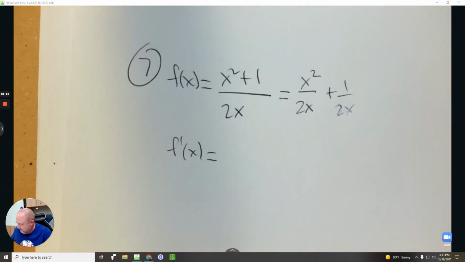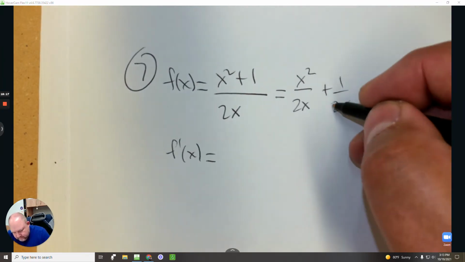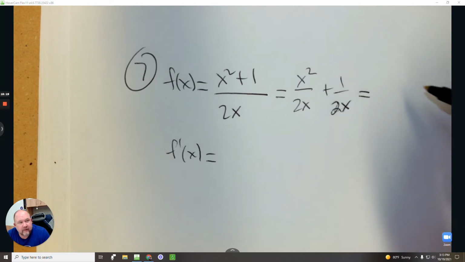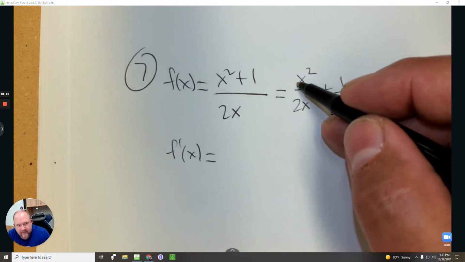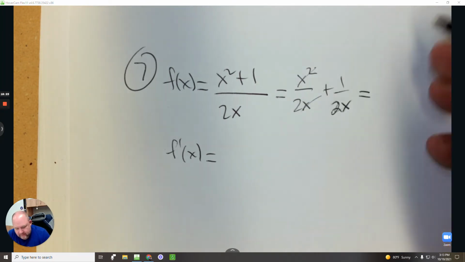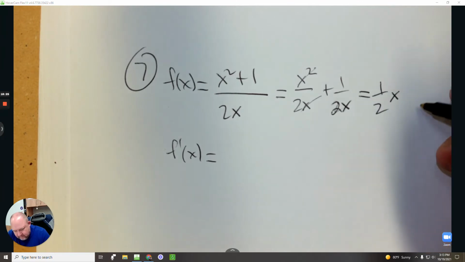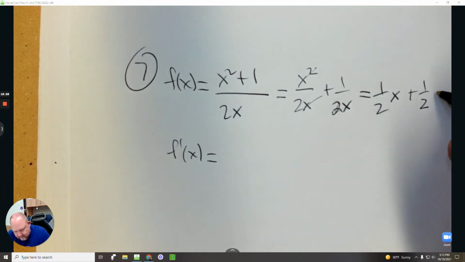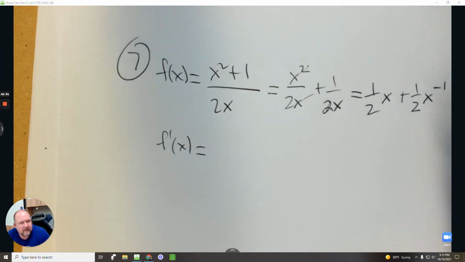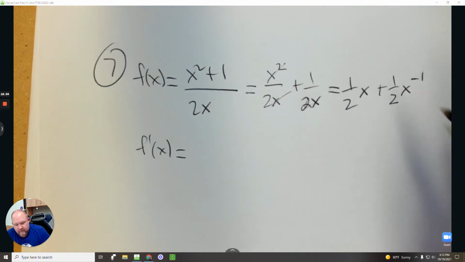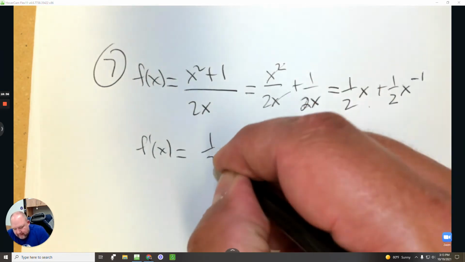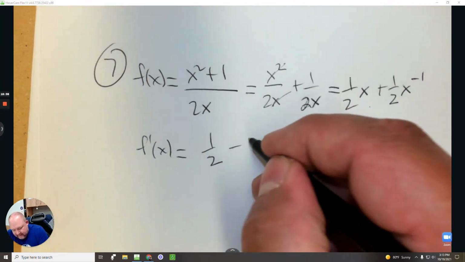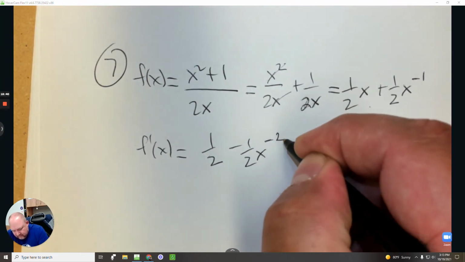Oops, that one ran out. So this is the x and the x squared cross out. So this is really 1/2 x, and this is 1/2 x to the -1. So the derivative of this is 1/2 minus 1/2 x to the -2.